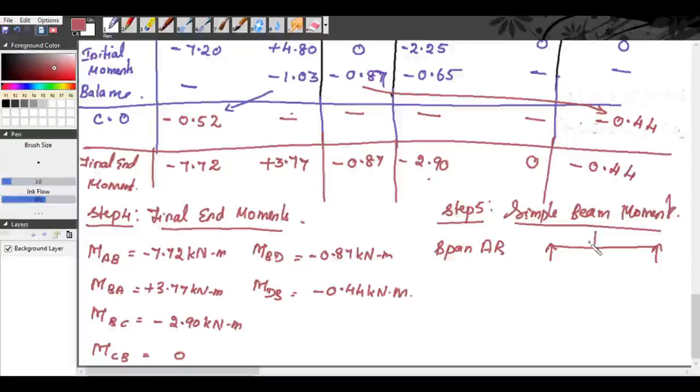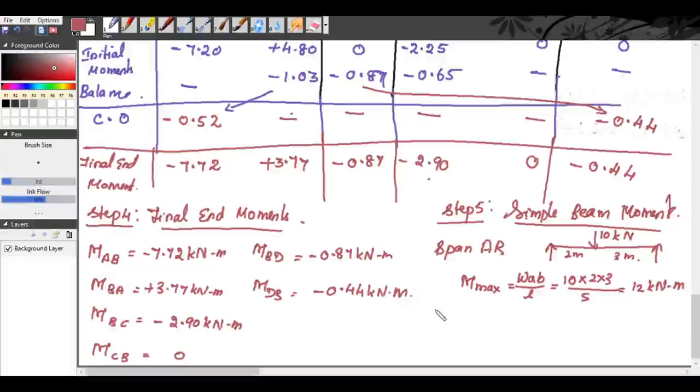We have a 10 kilonewton load acting at a distance of 2 meter from A, and this is 3 meter. Therefore, our M max is equal to WAB by L. So, W is 10, A is 2, B is 3 divided by 5. We get M max as 12 kilonewton meter.